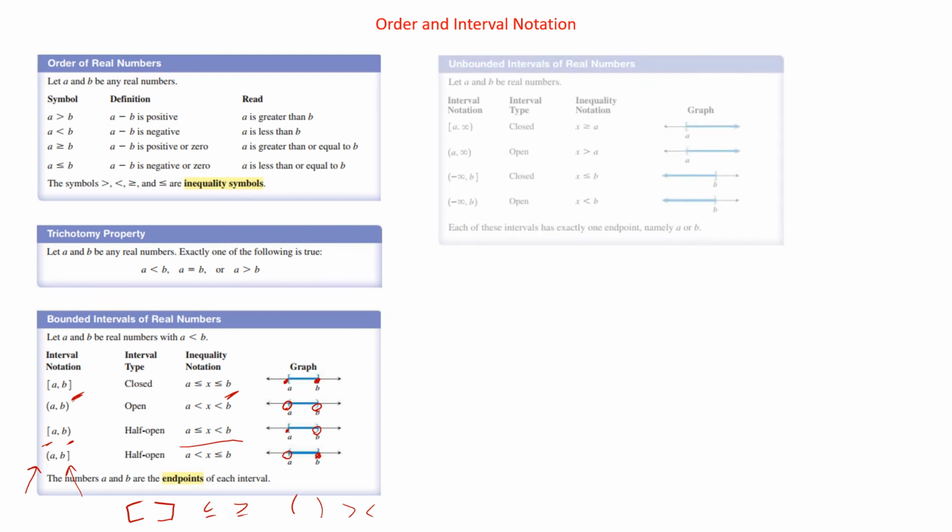There's also the ones that are unbounded, where it could go off to infinity. The same thing though. The closed bracket is an or equal to. The open bracket, the parenthesis, a parenthesis is singular for parentheses.